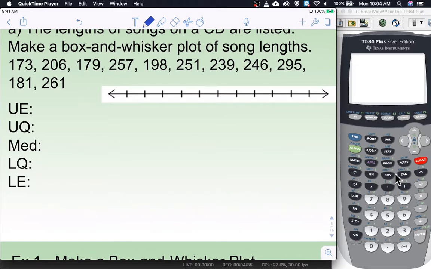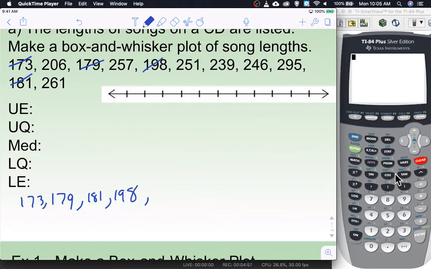And I encourage you, maybe pause the video and try this on your own and just take your time with it. 173, 179. It's all the 170s, 180s. There's a 181. That's it. 198.